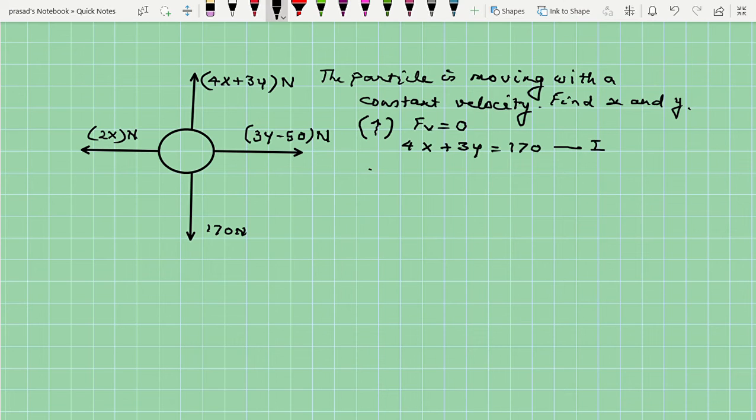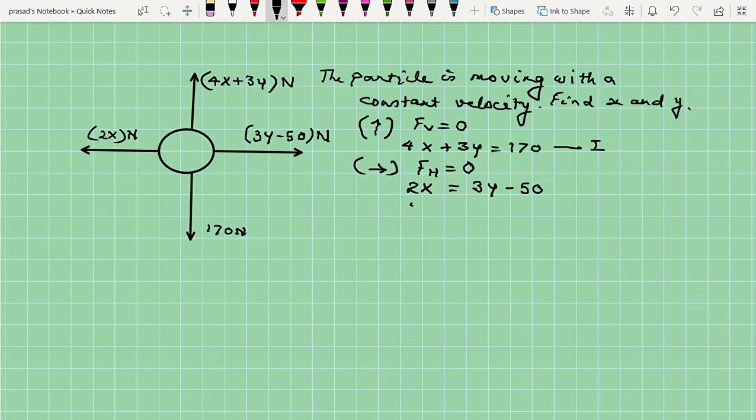Then consider the horizontal direction. Horizontally also the forces are balanced because no resultant force is acting, and hence the total force towards the left is equal to total force towards the right.